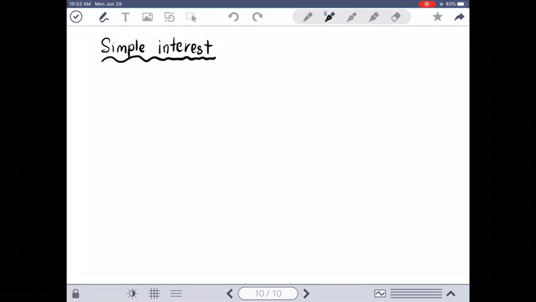Okay, simple interest. There's a formula that we can use basically for simple interest.